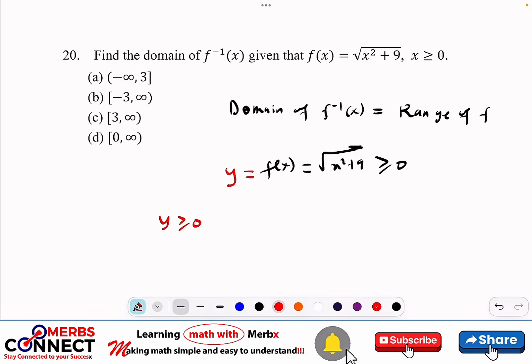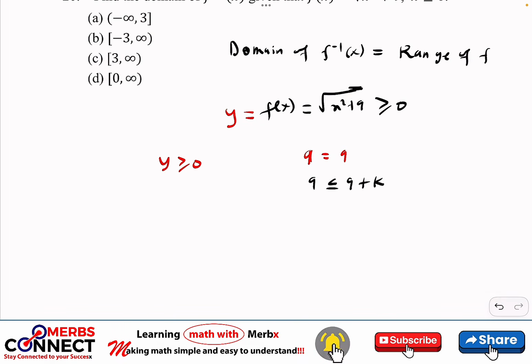That's one side. Okay. Now let's form something here. Now, do we have an upper bound here? Let's find out. Now, if I have, let me say 9 is equal to 9. But if I add, let's say, a constant to this, you will see that what is here will be greater than this, I mean, greater than or equal to this, because if I add k here, then if k is 0, I'm using the equal to, we get 9 is equal to 9.